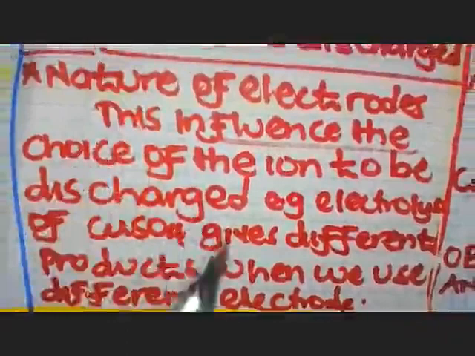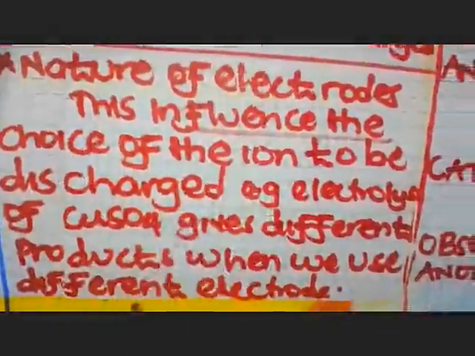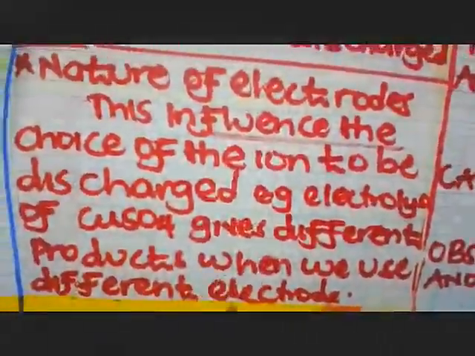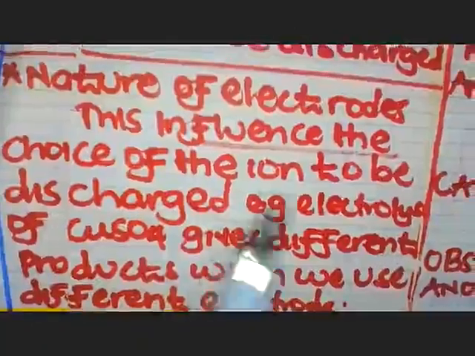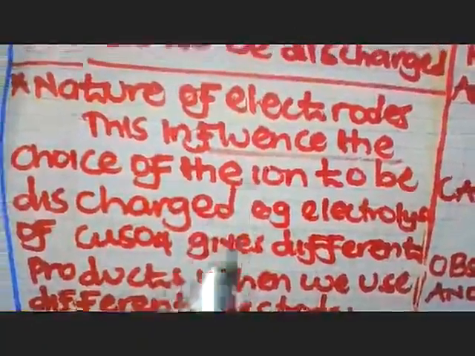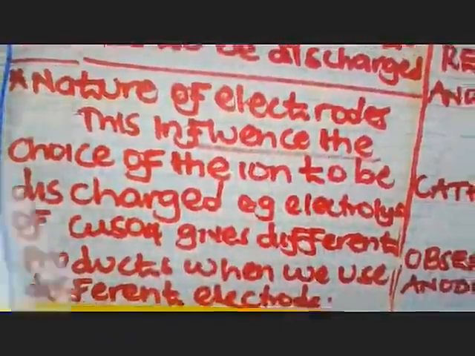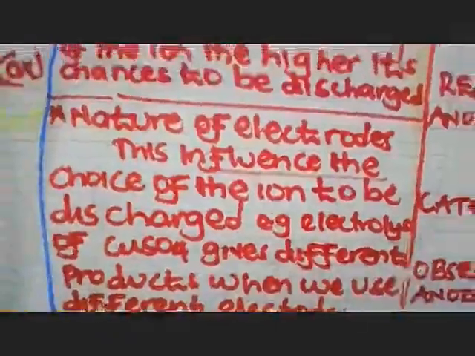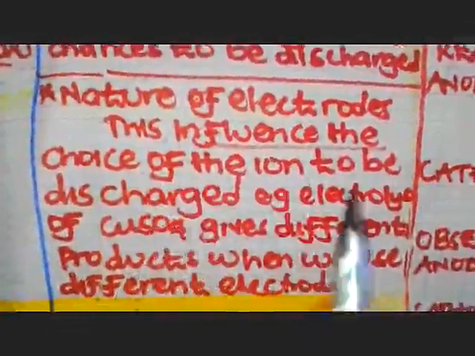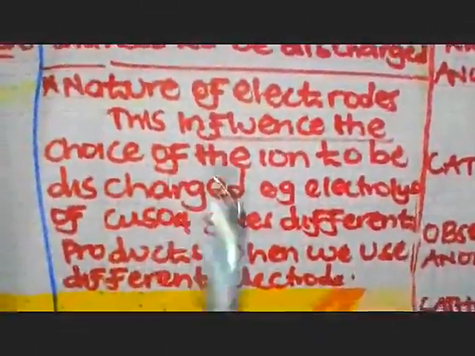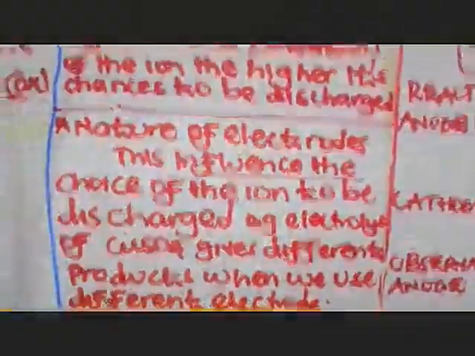When you use copper electrodes, you will find different products formed. But when you use carbon or graphite or platinum electrodes, you will find that other products are formed. Meaning the ions discharged when using copper electrodes and graphite electrodes are not the same. You are going to see that in front on the diagrams.